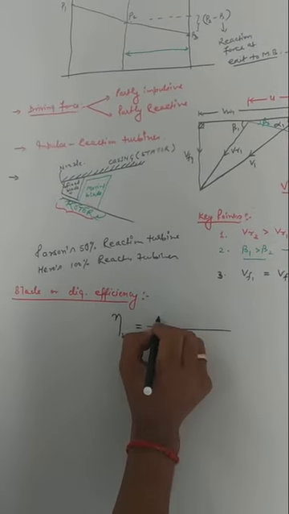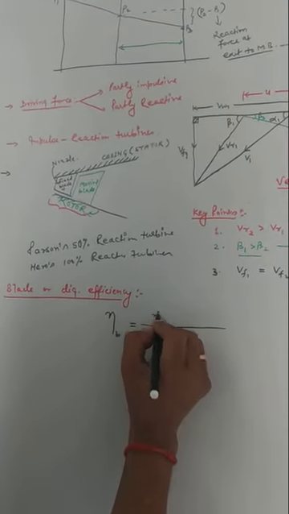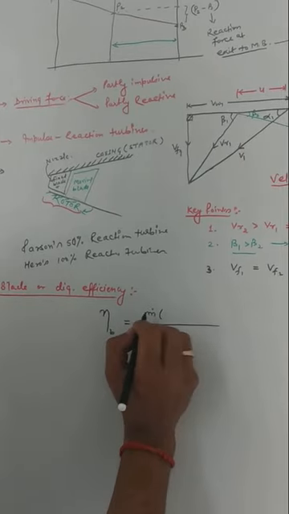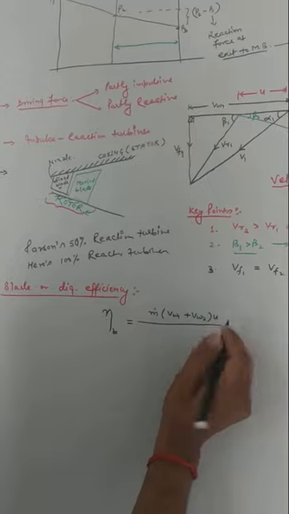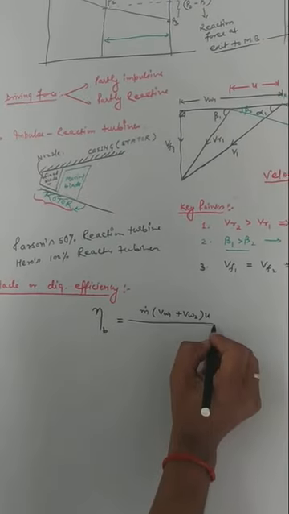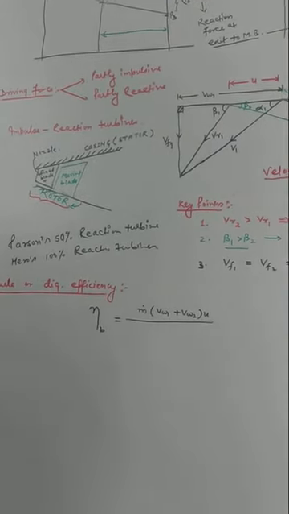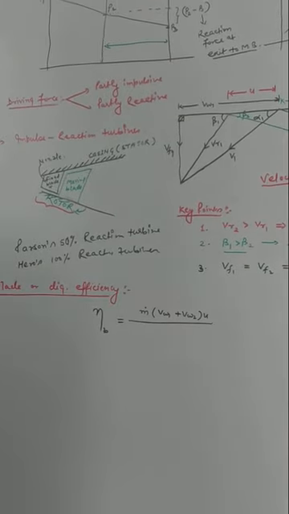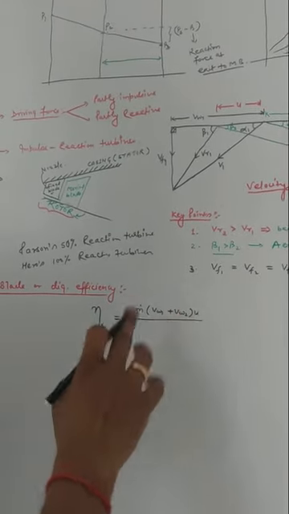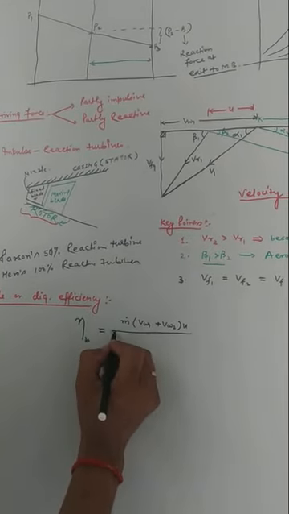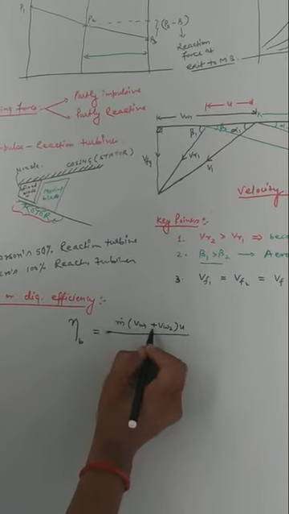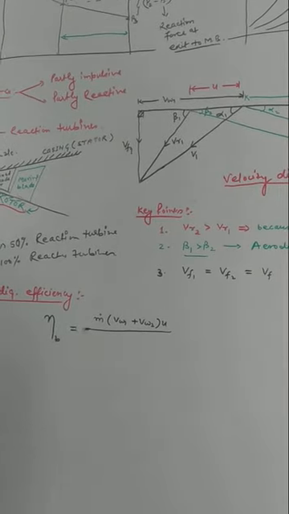We have calculated the work done at the shaft output as (VW1 plus VW2) into U. The formula remains the same because this is the only velocity which is responsible for the rotation of the rotor, that is the driving force. So the formula remains the same, but the VR1, VW1, VW2 values change a little bit.